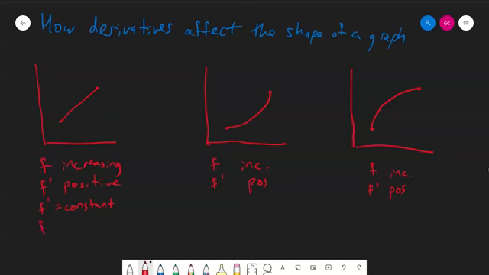And that means that f double prime, the derivative of the derivative, must be 0 on this interval, because the derivative of any constant function is 0. In the second case, the slopes are changing. You start off with small positive slopes, and then you end with large positive slopes.